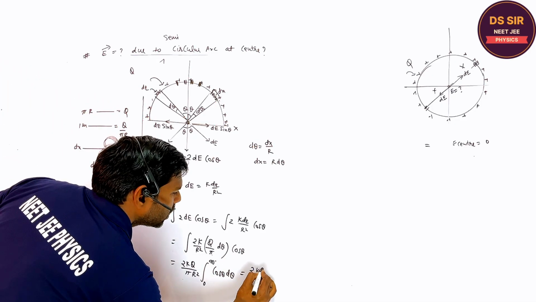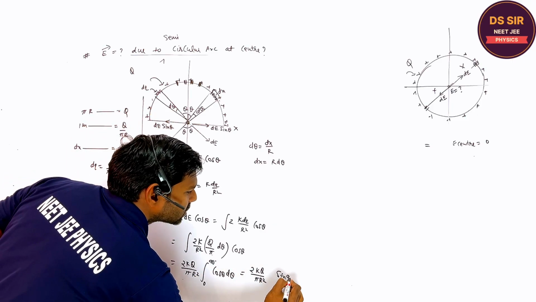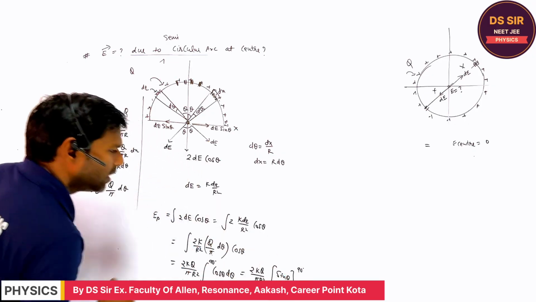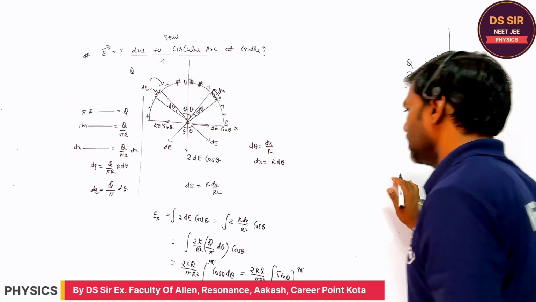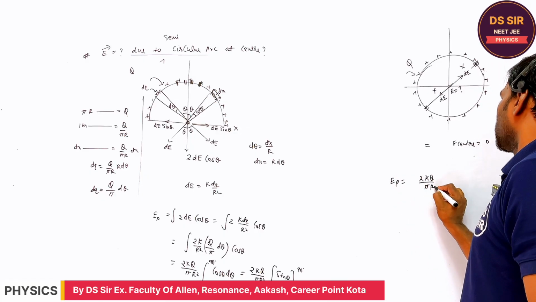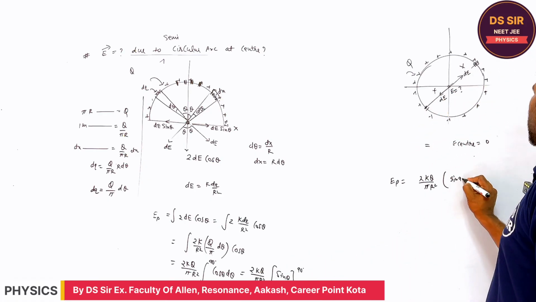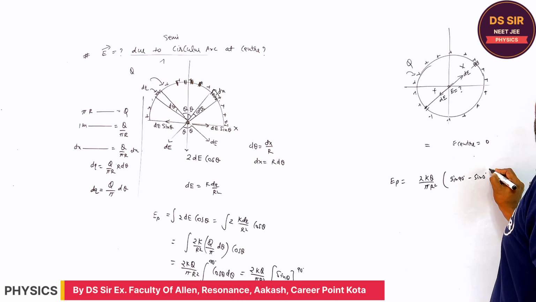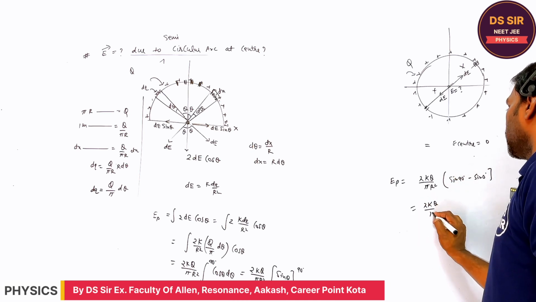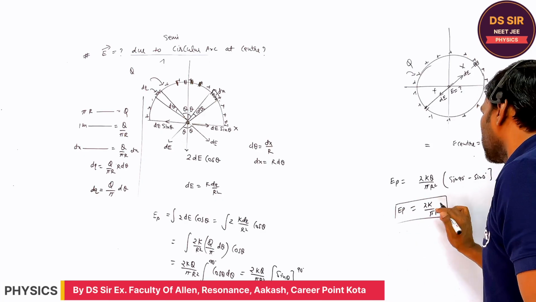So this is 2kq upon pi r square, and the cos theta integration is sine theta from 0 to 90 degree. If you put the limit, then you can get the answer. The electric field at the center is 2kq upon pi r square, right? First put 90 degree, sine 90 minus sine 0. Fine, sine 90 is 1, so 2kq upon pi r square is the correct answer. Is it clear or not?